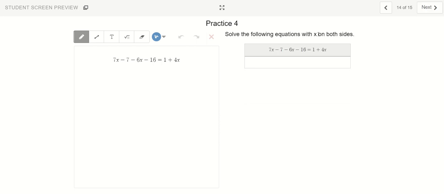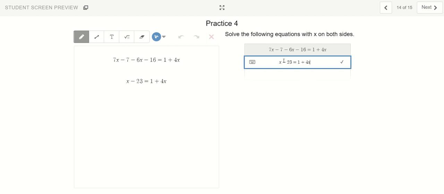All right, last problem. So here, again, we have 7x and negative 6x. Notice that these are going to cancel out. Those negative 7 and negative 16, those are going to combine to get negative 23. And we still have the 1 plus 4x on the other side. So x is almost by itself.